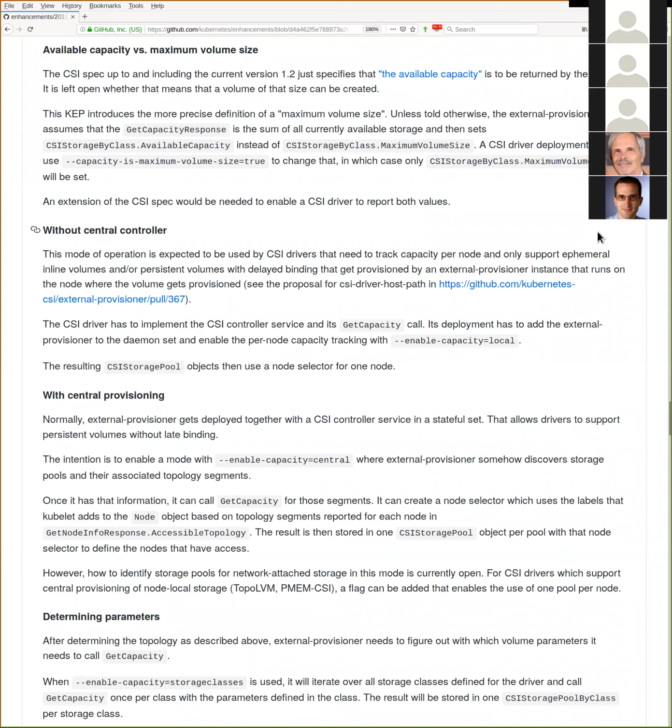So that would be, in my opinion, the low road to fix this problem for CSI ephemeral inline volumes. Add this API extension with a size, use that size, and we are basically done, mostly done for capacity tracking.